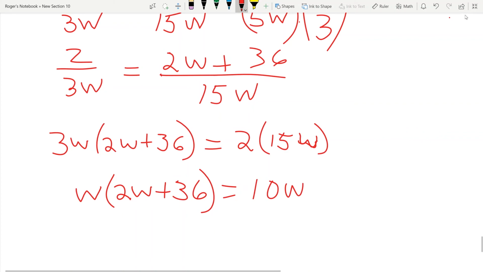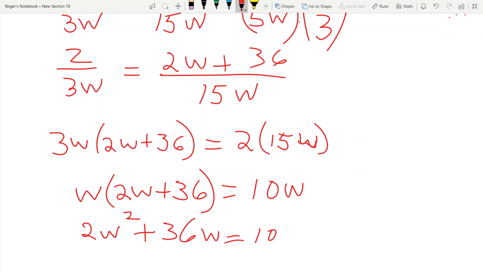Multiplying now, we can get 2w squared. Notice it makes a quadratic out of this. 2w squared plus 36w equals 10w. And at this point, we can bring the 10w over to the left.